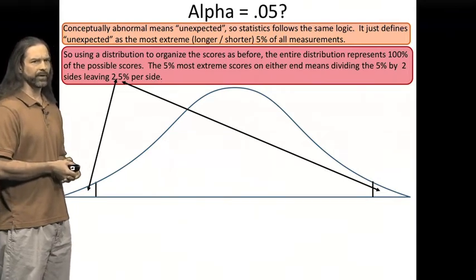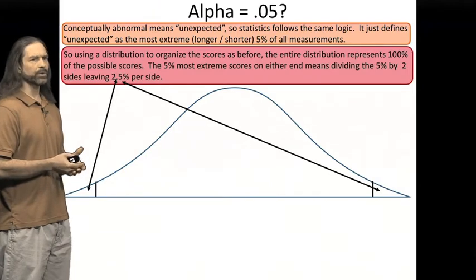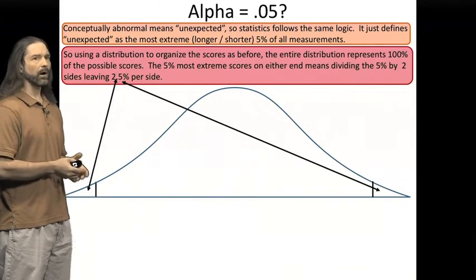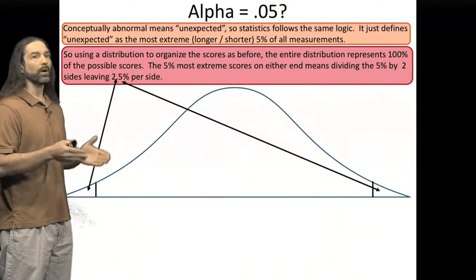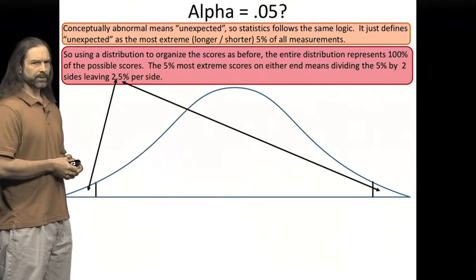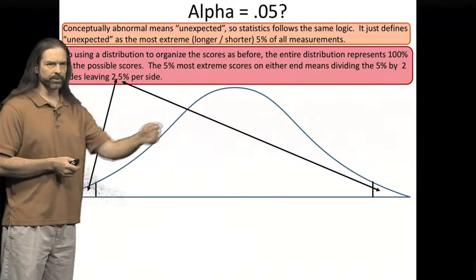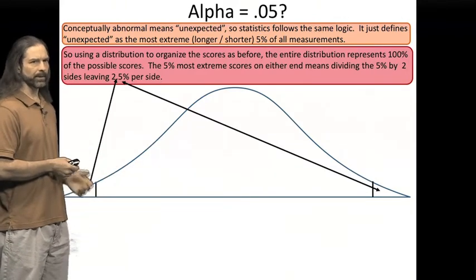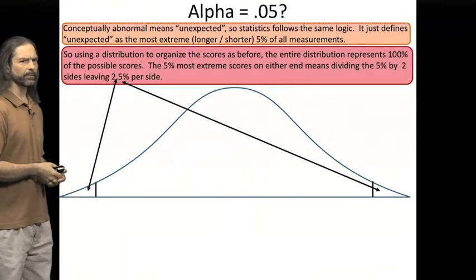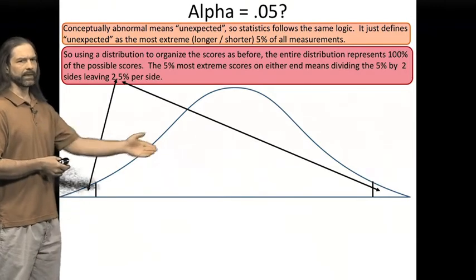But alpha equals 5%, really what that means is we are saying the 5% most extreme values are not average or unexpected. But since we have to divide that 5% into the two tails, the most extreme and the least extreme, that 5% is going to end up becoming 2.5% on each side.